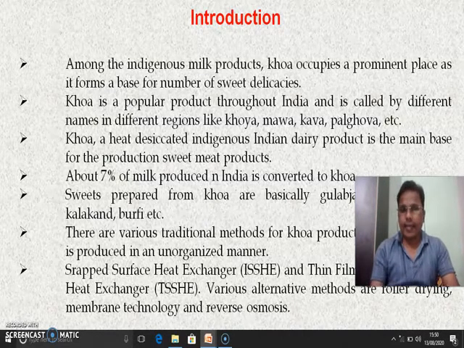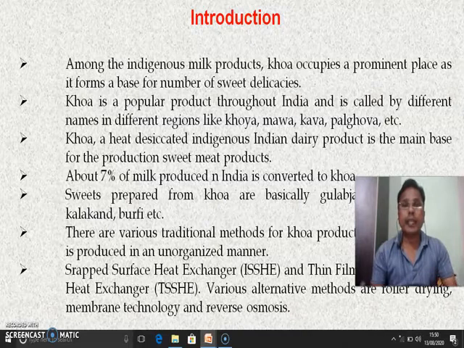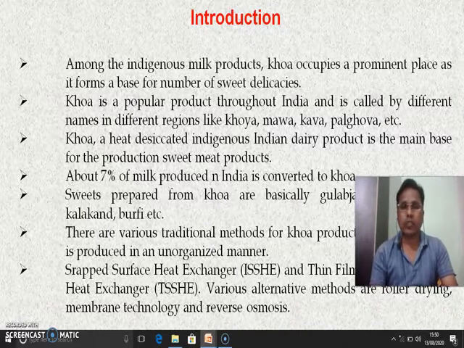Khoa is a heat desiccated indigenous dairy product, and it is the main base product for many sweetmeats. About 7% of the milk produced in the country is utilized for the production of Khoa.